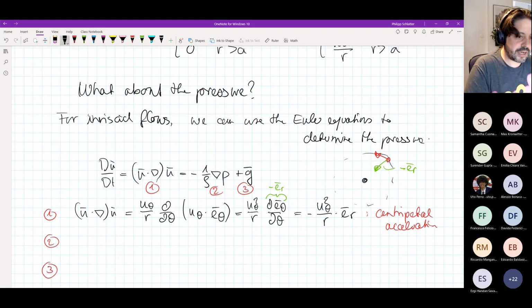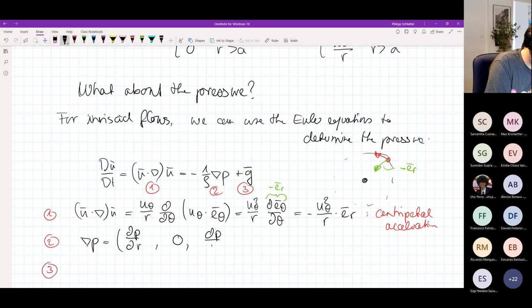So the pressure gradient, well, again, in this case, we know that the pressure is a function of r, but it's not a function of theta, but it may be a function of z. So that means the pressure gradient would be only two components. It would be dp dr, 0, and dp dz in a coordinate system r theta z.